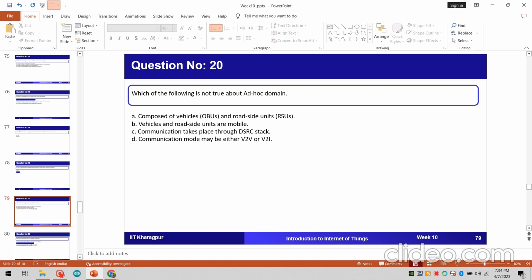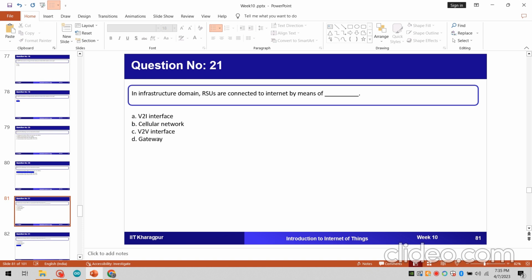Which of the following is not true? So the correct option for this is B. B is vehicles and roadside units are mobile. However, in case of your ad hoc domain, vehicles are mobile, whereas your roadside units are stationary. So B is not true about your ad hoc domain.